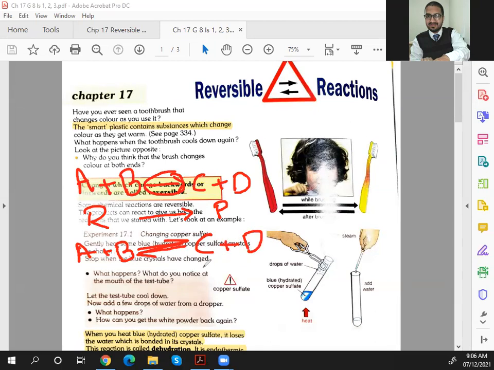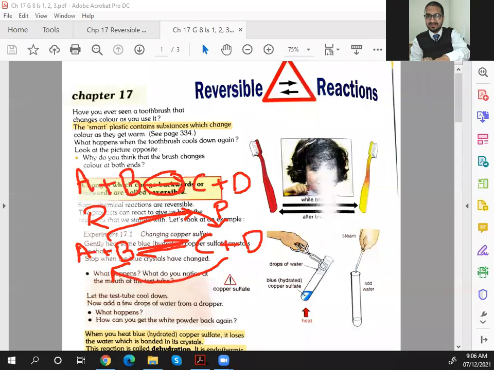But at the same time, during that reaction, reactants convert into products, and then the products again react with one another and give you back reactant.